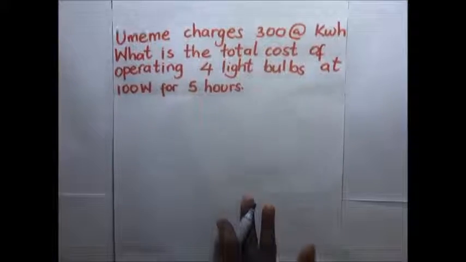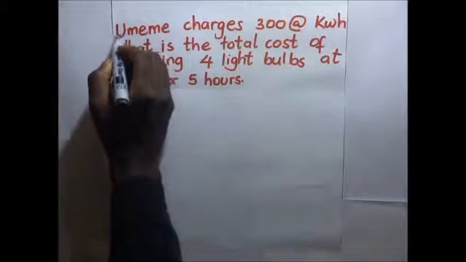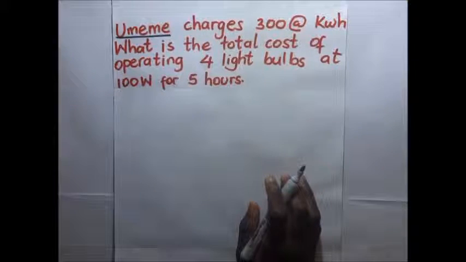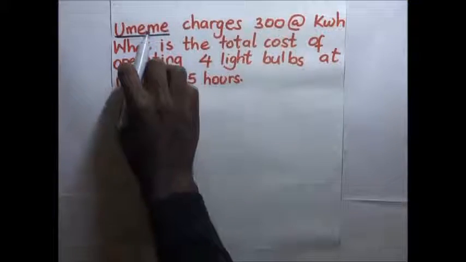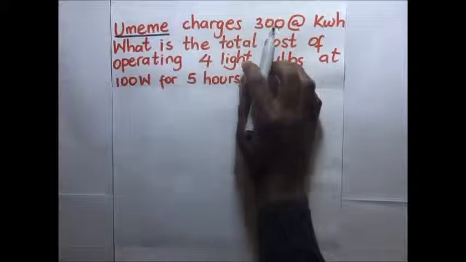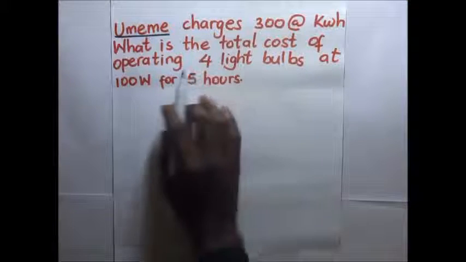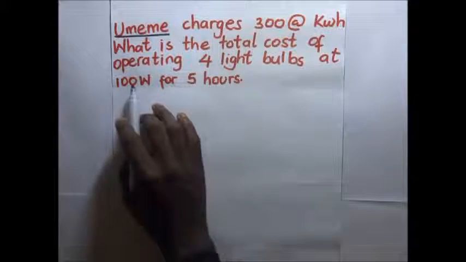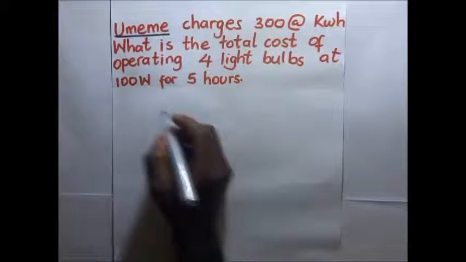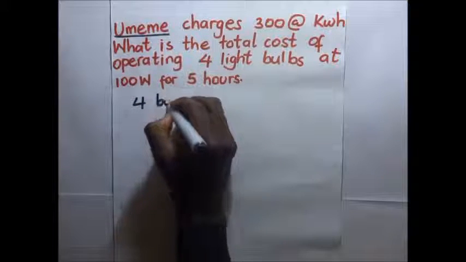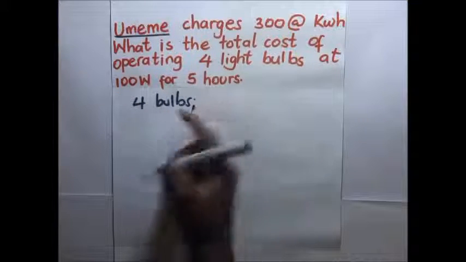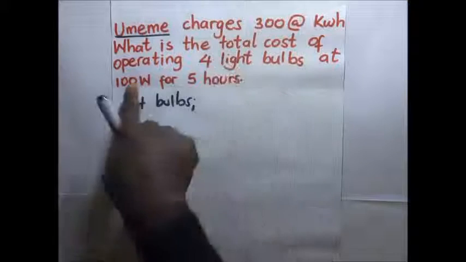Let's do one more number. Umeme is a utility company in Uganda. Umeme charges 300 per kilowatt hour. What is the total cost of operating 4 light bulbs at 100 watts for 5 hours? So we have 4 bulbs, and each of these bulbs is rated at 100 watts.